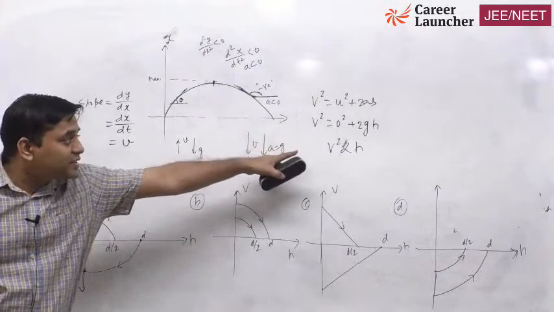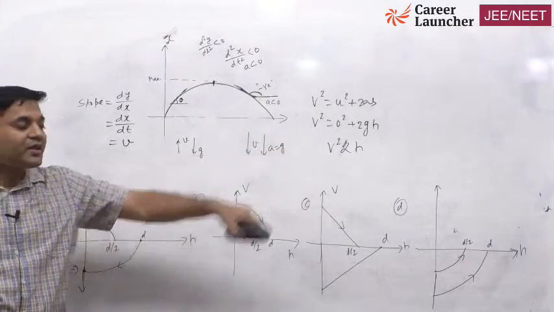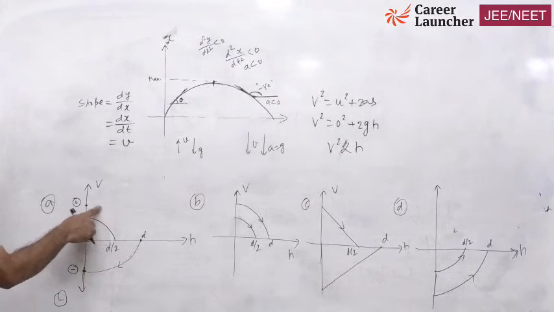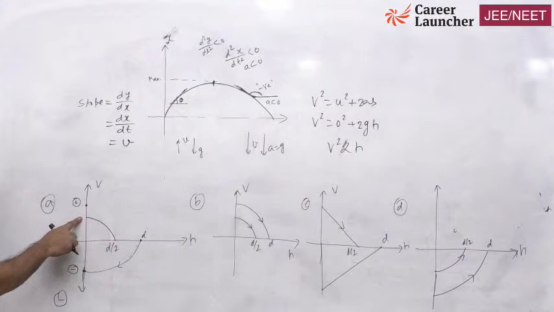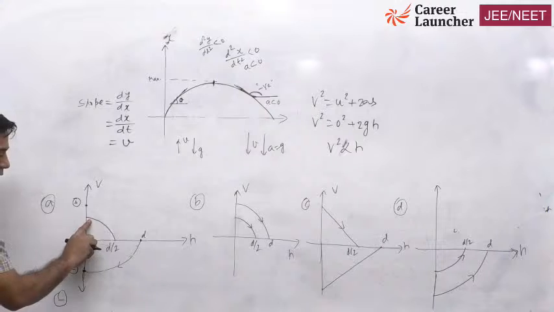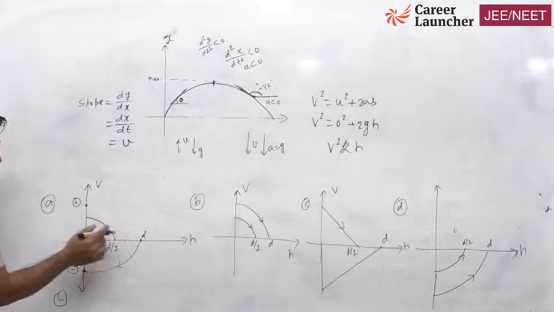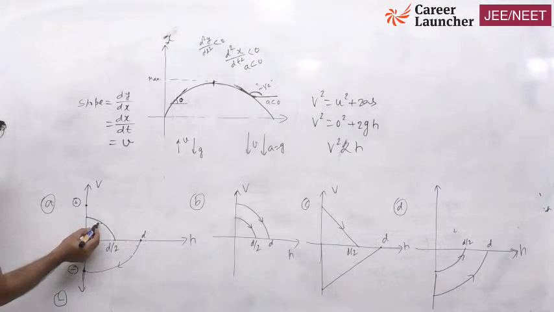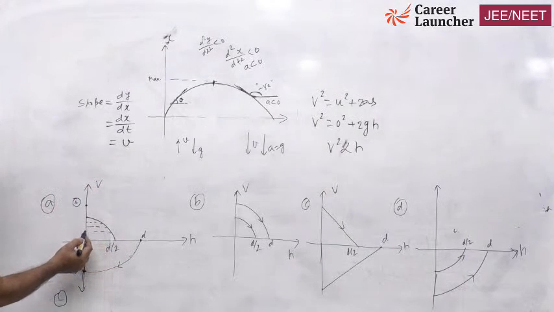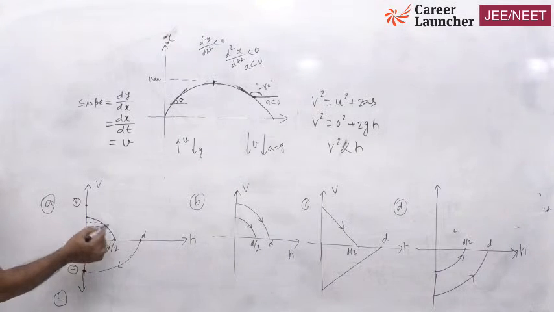How much? You can use this equation and have a look, in terms of root. Here, velocity will be lesser than root 2gd, and then it will reach d by 2 height. Now what is happening? While going up, v is still positive because it's going in the upward direction. When it reaches d by 2, it stops, so here velocity becomes 0.